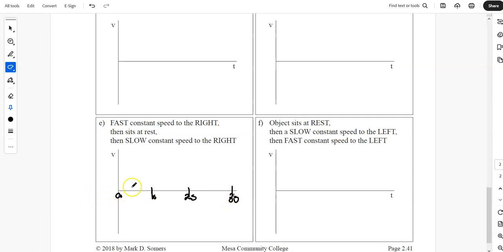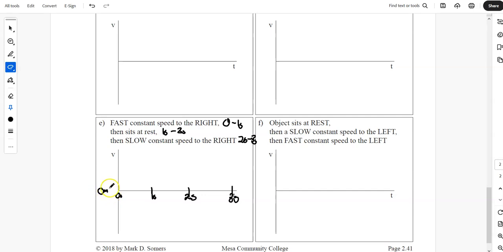So this will be the fast first part, and that's from 0 to 1 second. The at rest is going to happen 1 to 2 seconds. And then from 2 seconds to 3 seconds, I'm going to represent this type of motion. Again, you don't have to do this, but I'm doing it because it makes more sense for me.